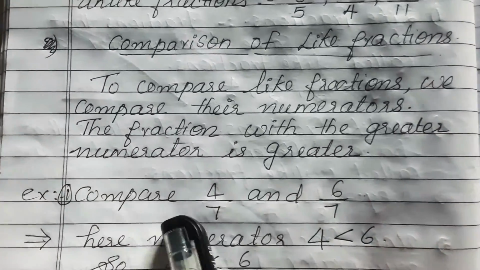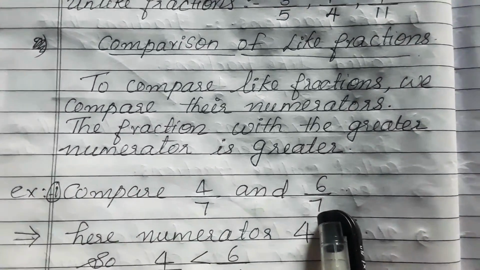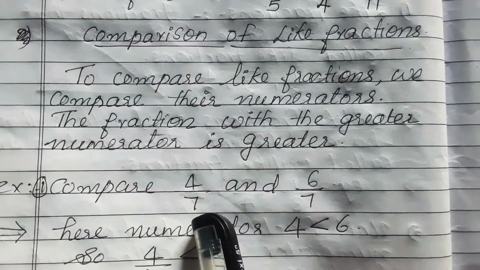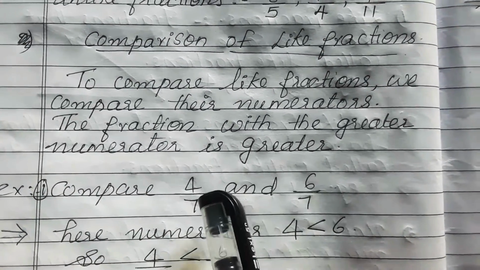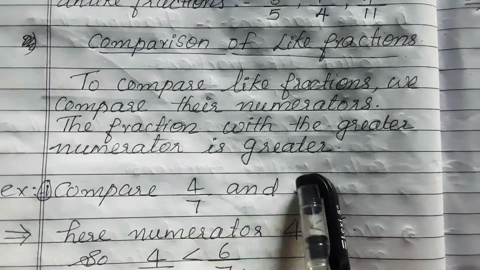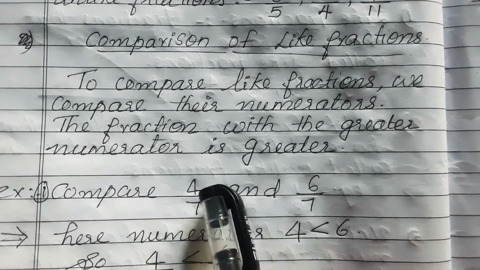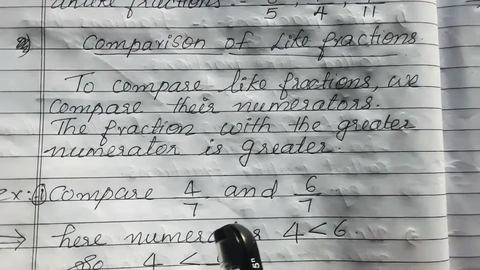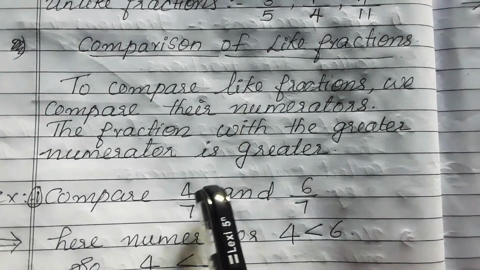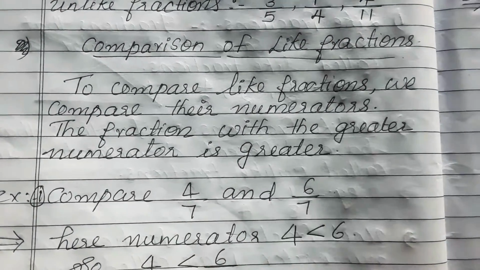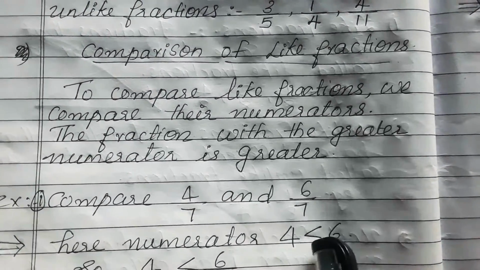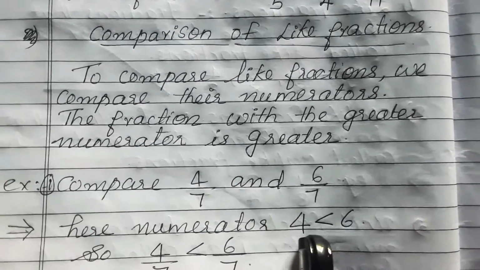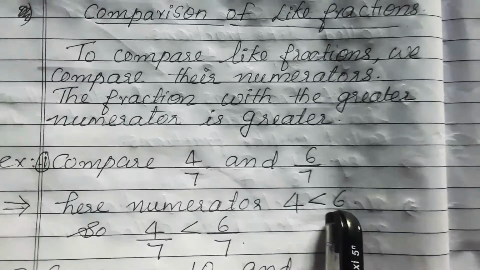Look, children, compare 4 by 7 and 6 by 7. In comparison of like fractions, we compare the numerators only. So compare 4 and 6. Here 4 is smaller than 6, so we put the less than symbol between them.